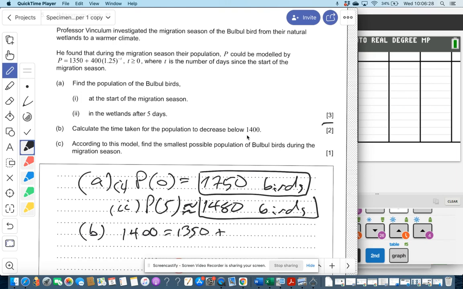So we're going to put y1 is already this one, and we're going to put a horizontal line at 1400 for y2 to get the intersection of those two functions.